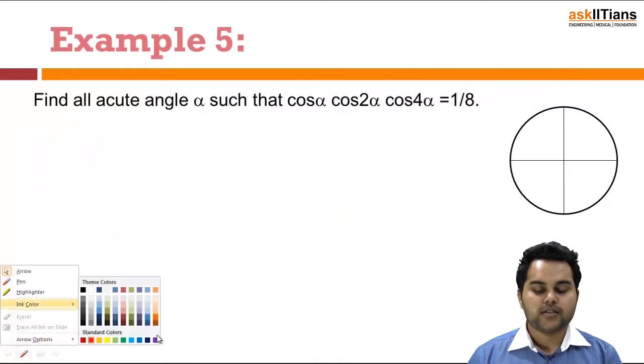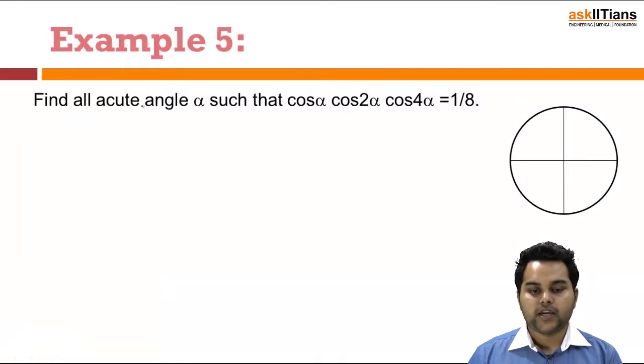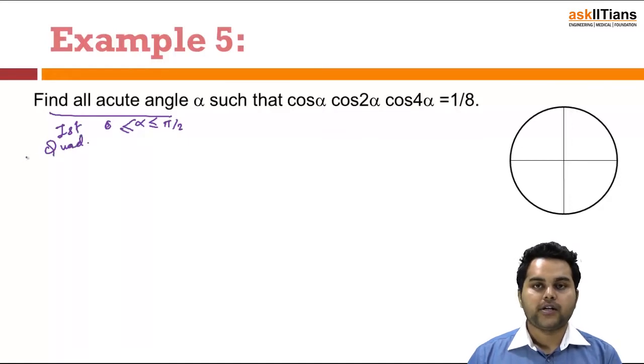The example here says, find all the acute angles. Acute angles means that alpha shall lie between 0 and pi by 2, that is the first quadrant itself. I have not even read the whole question, and I have already reduced the region of solution.